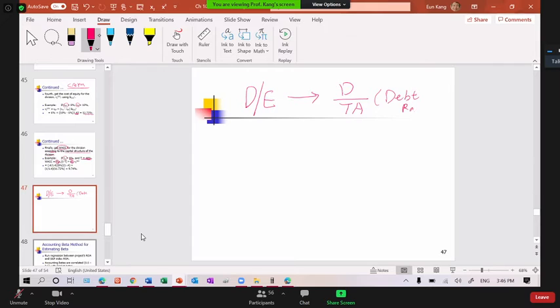Debt ratio, and that is WD. Okay, D is not WD, right? D is debt over equity. WD is debt over total asset.